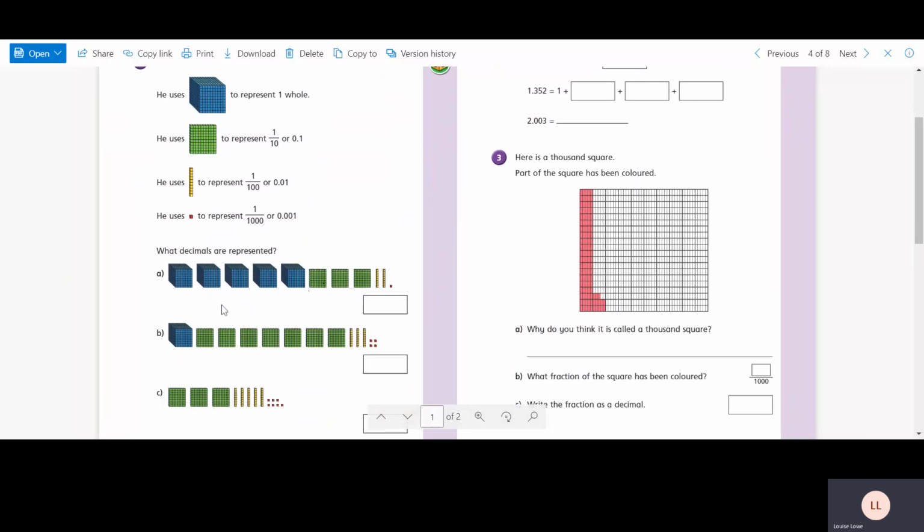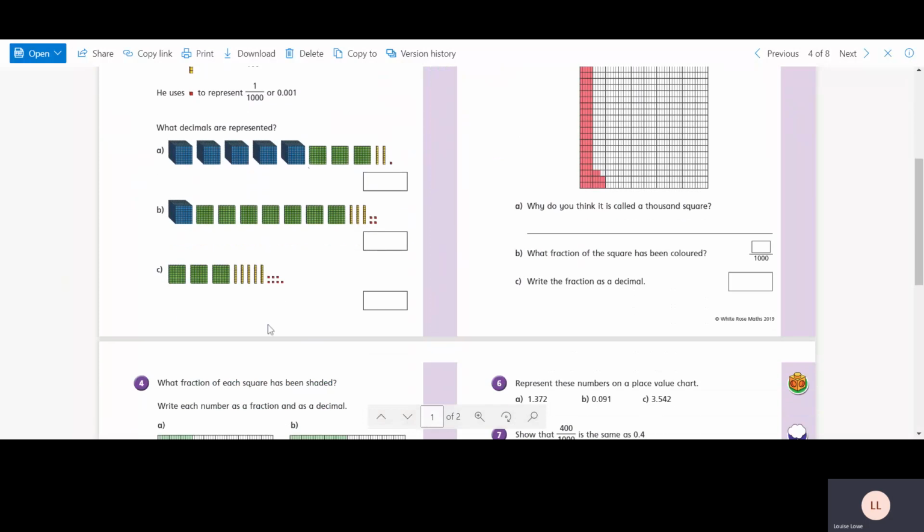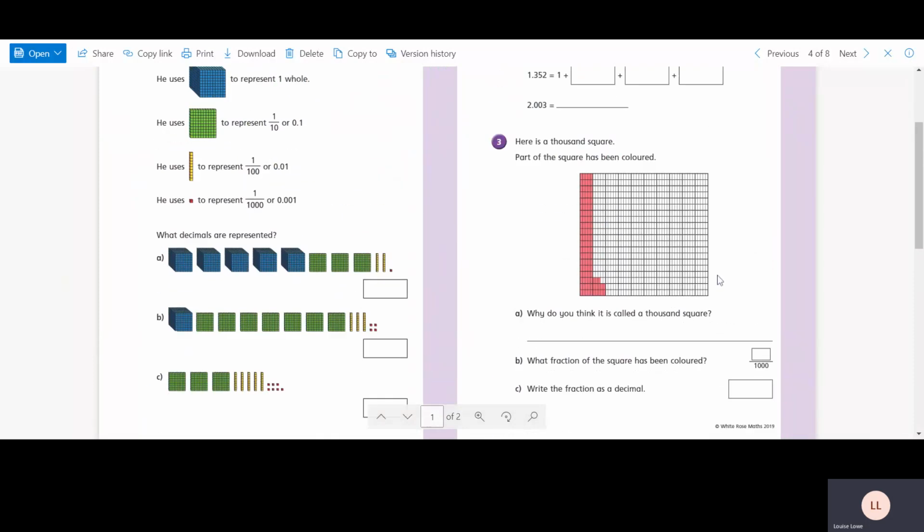You're basically just writing down what you see, but remember the decimal point comes after your whole number, so after your blue blocks. And if there aren't any blue blocks, as in C here, you still need to represent the blue blocks with a 0. So you would have 0 point and then what you see here.